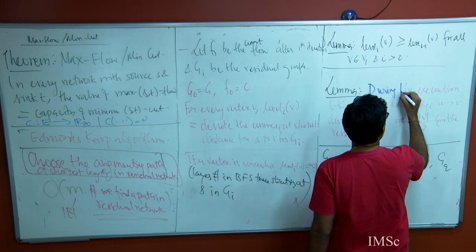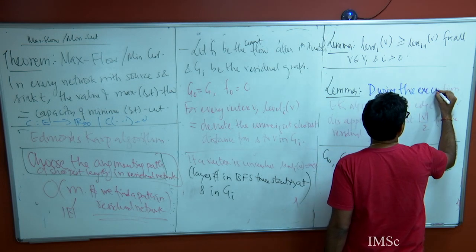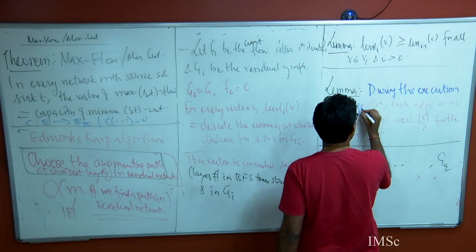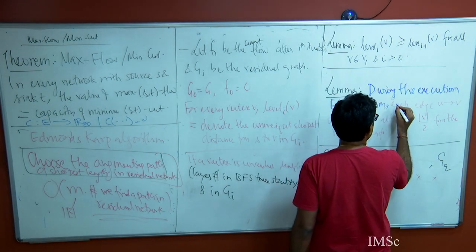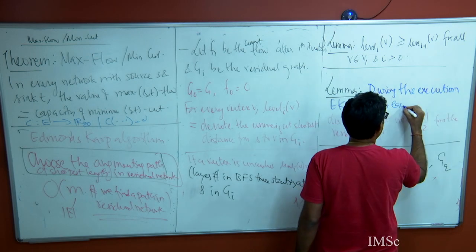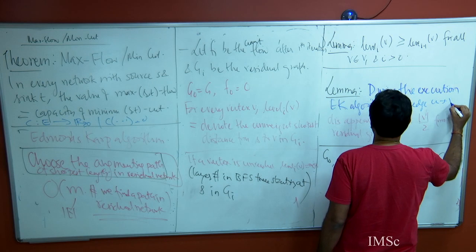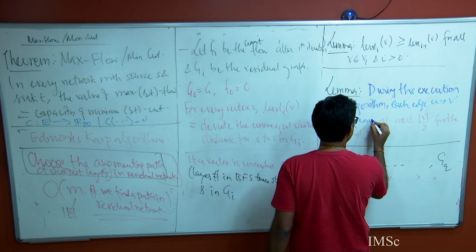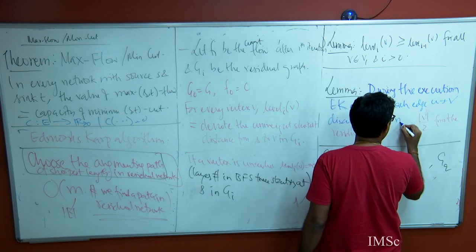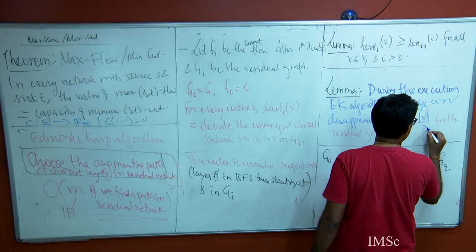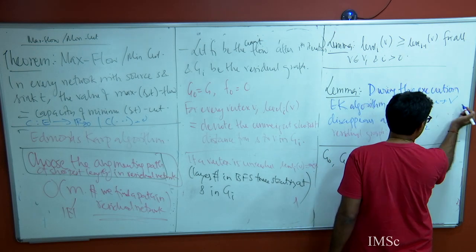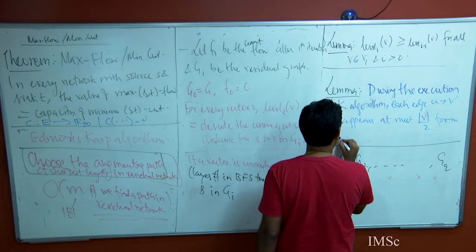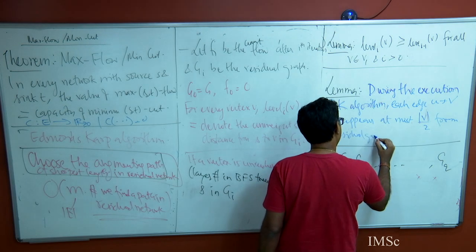So during the execution of the EK algorithm, each edge uv disappears at most n by 2 times from the residual graph.